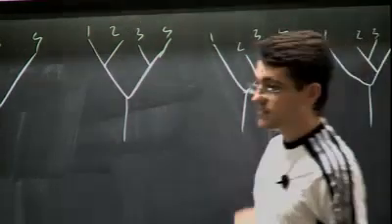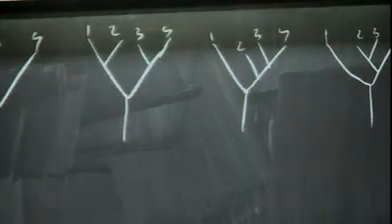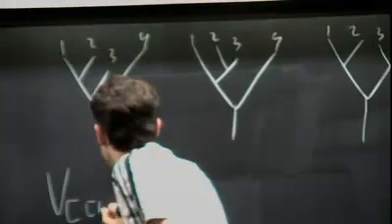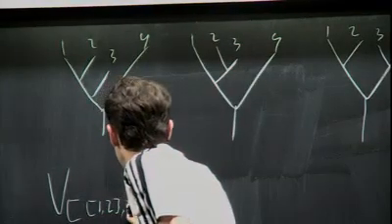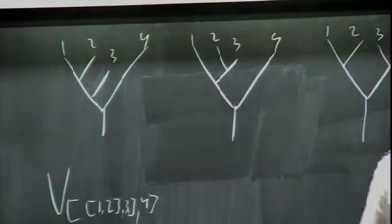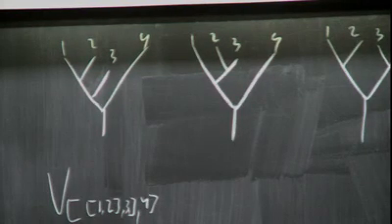So these are the 5 trees that you can associate with brackets. For example, this one is the canonical one, and so forth, right? So we have objects and we have trees.